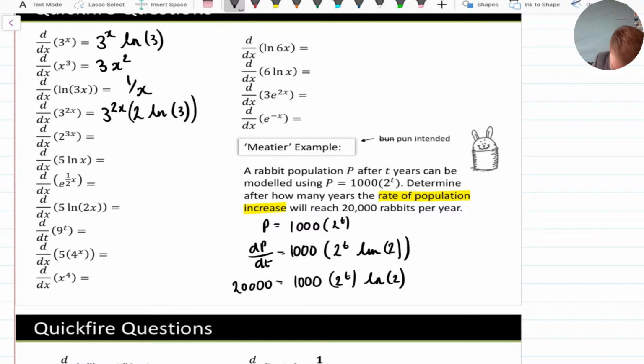To get the 2 to the t on its own, I'm going to need to divide both sides by 1,000 ln 2.